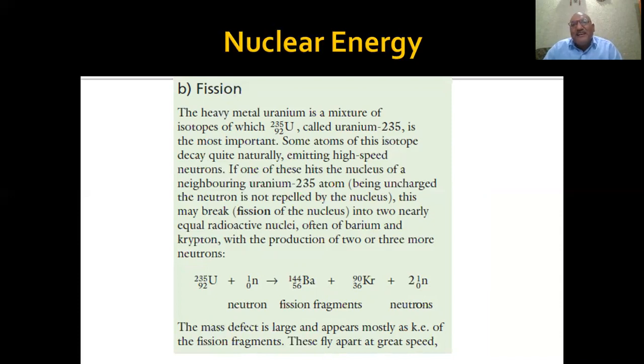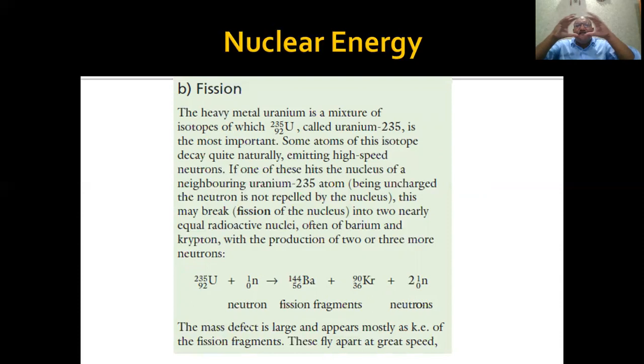And what happens? That nucleus breaks. It's not a chemical reaction, it's a nuclear reaction. And when that nucleus breaks, it converts into 2 or 3 smaller nuclei.